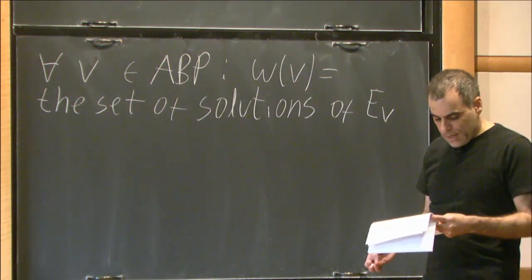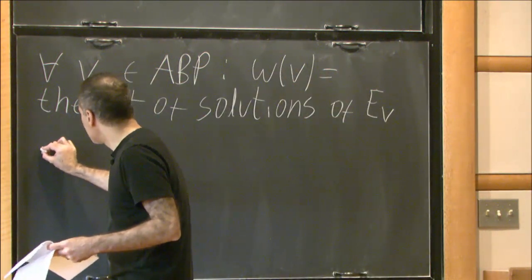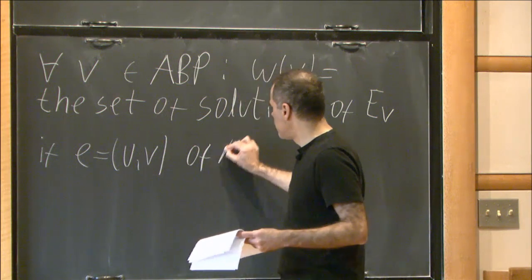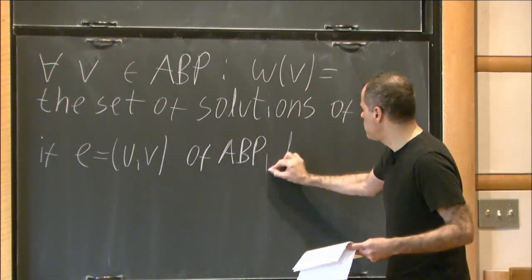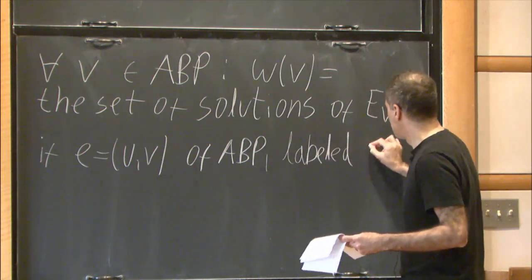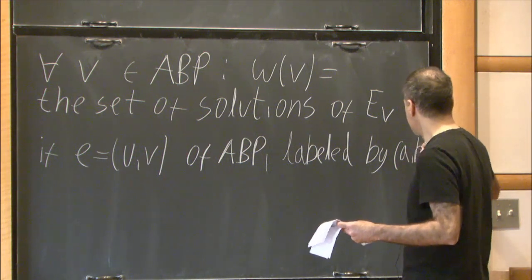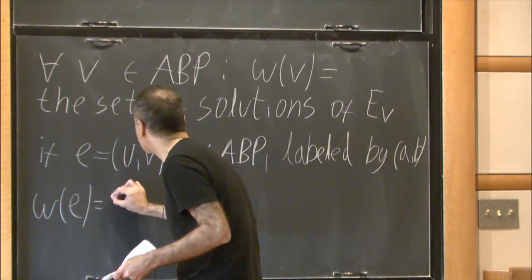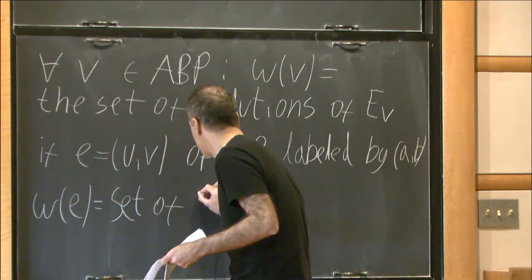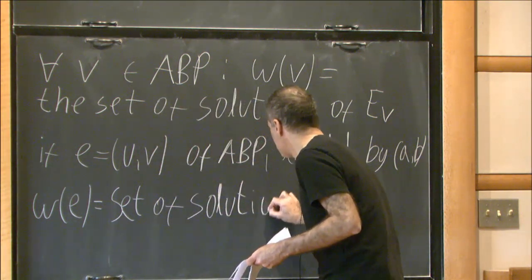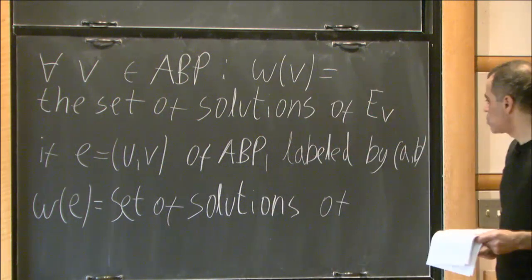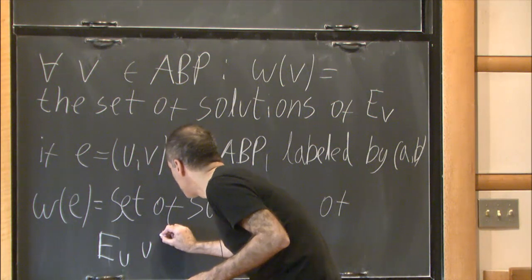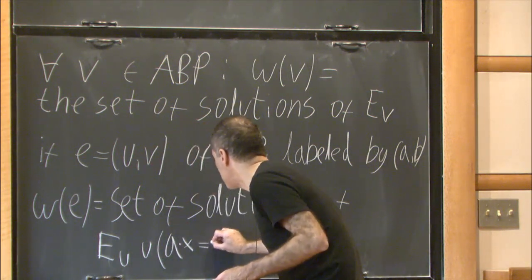Another notation is the following. If e is an edge in an affine branching program that is labeled by (A, b), then I'm going to denote by W_e the set of solutions of E_U union with the equations Ax equals b.